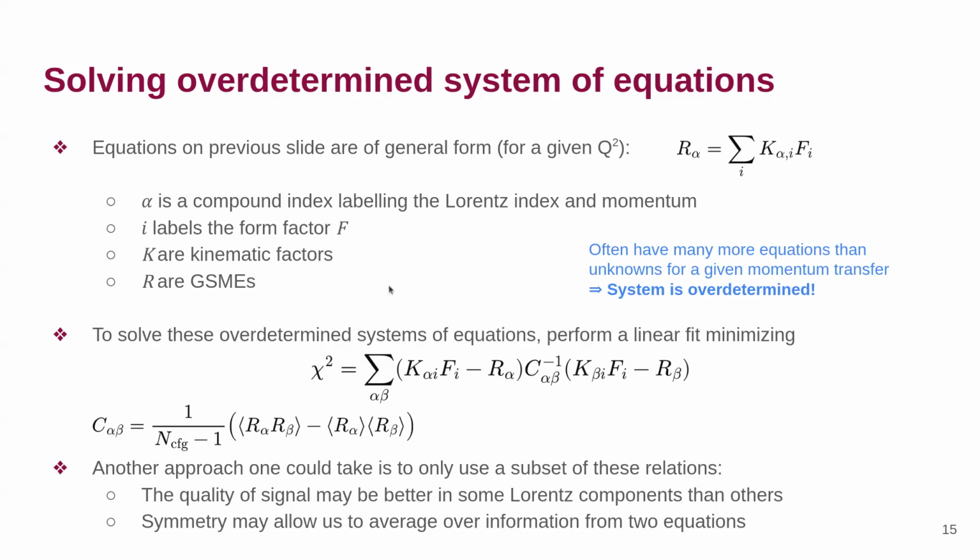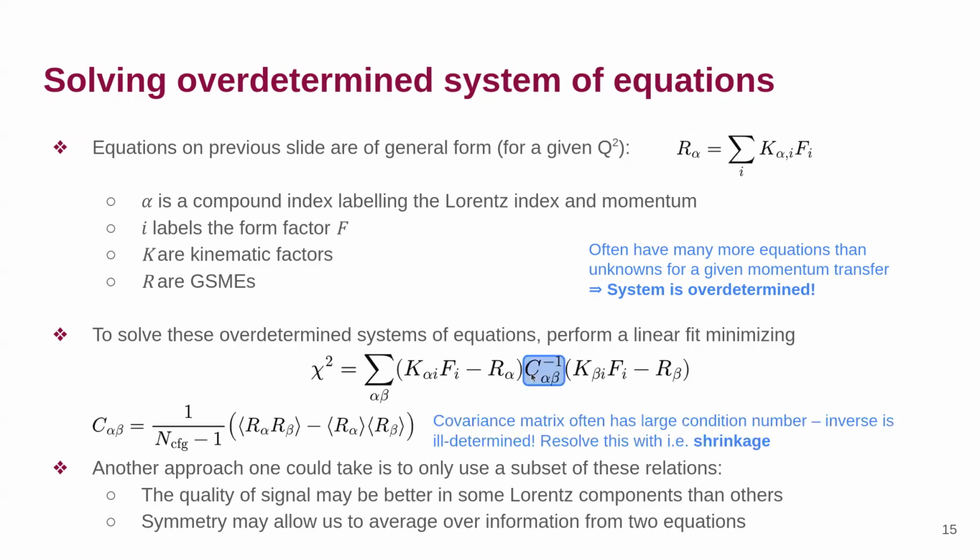In principle, what we should do is perform a fit to all these relations, all the relevant ones at the given q squared, and minimize this chi-squared, where we have the covariance matrix of our matrix element estimates. But there's a thing that happens, unfortunately, when performing such a fit.